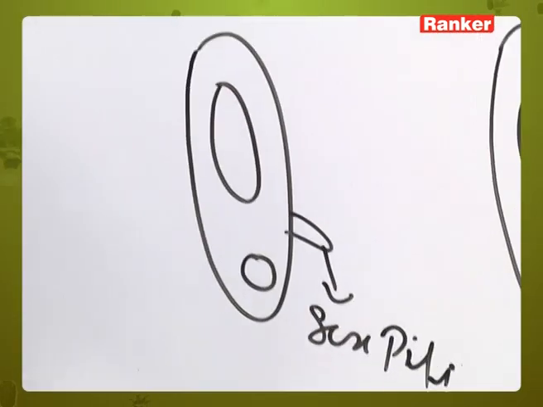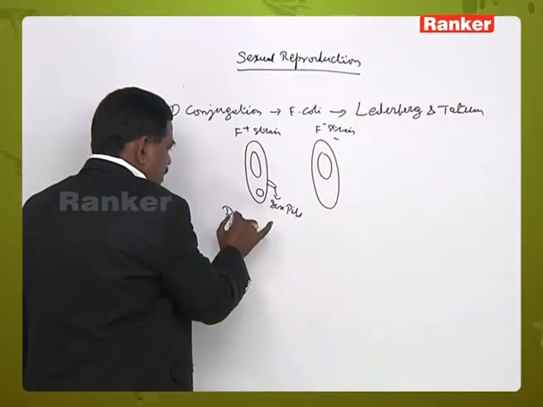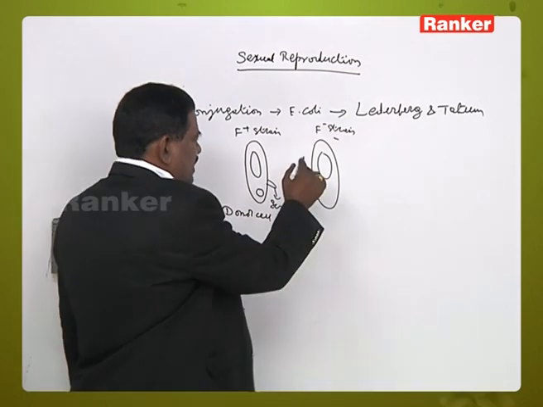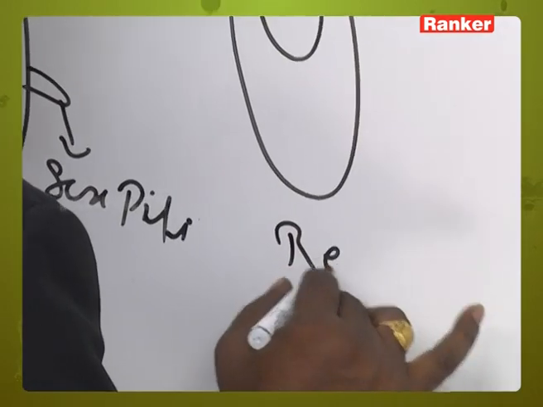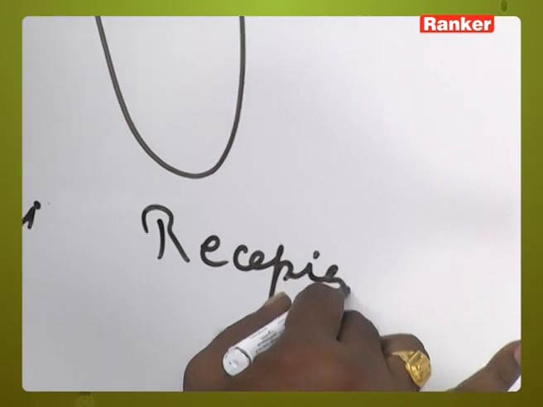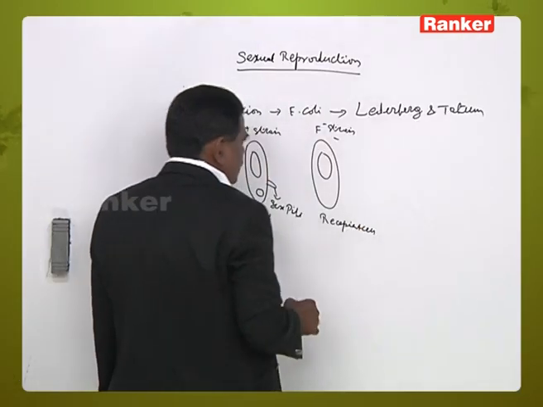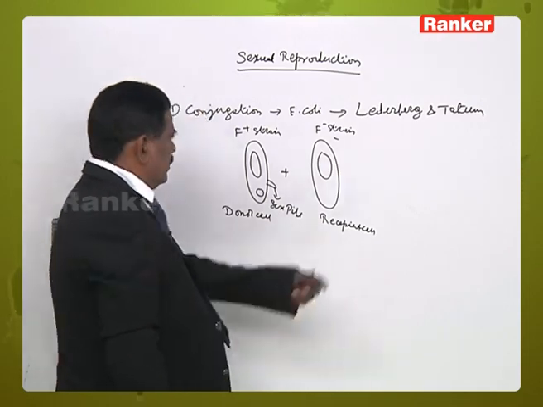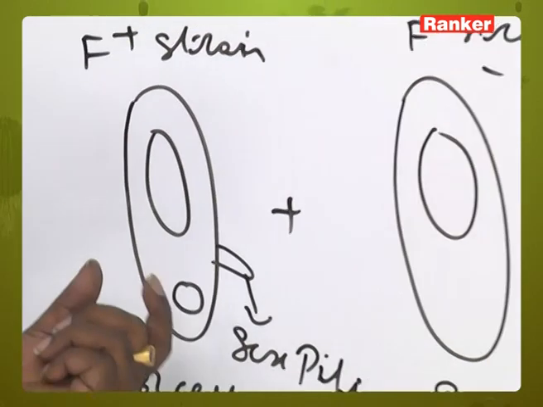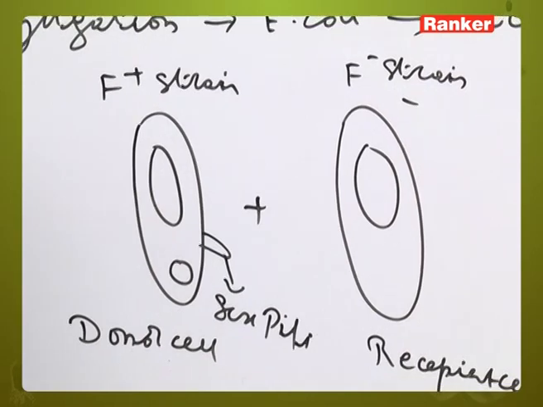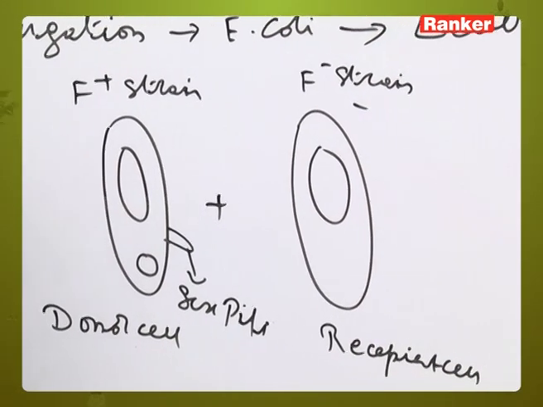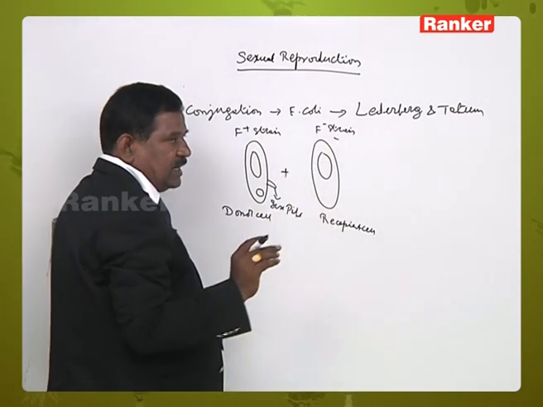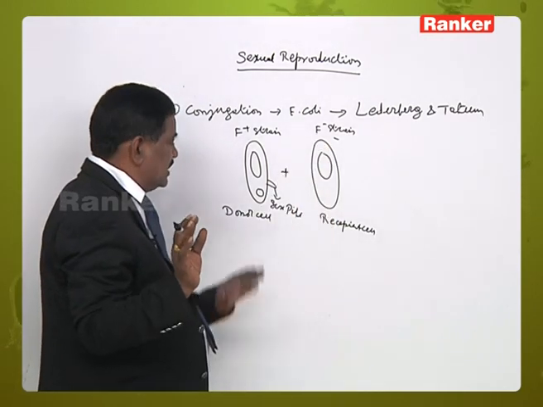So the F plus strain is also called the donor cell, and the F minus strain is also called the recipient. Only the donor cell has the sex pili. The recipient cell, the F minus strain, does not have sex pili.